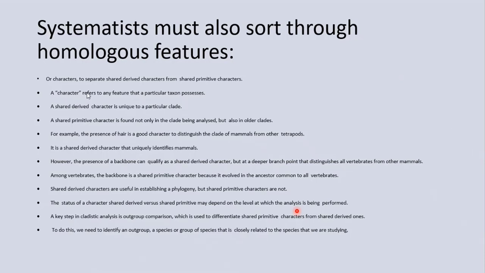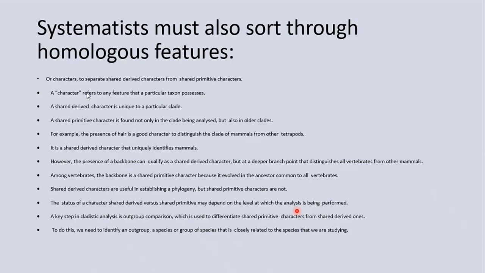If I can ease your confusion, the key step in cladistic analysis is the outgroup comparison, which is practically what they said there. Cladistics compares the clades, which include all the species that share a common ancestry.